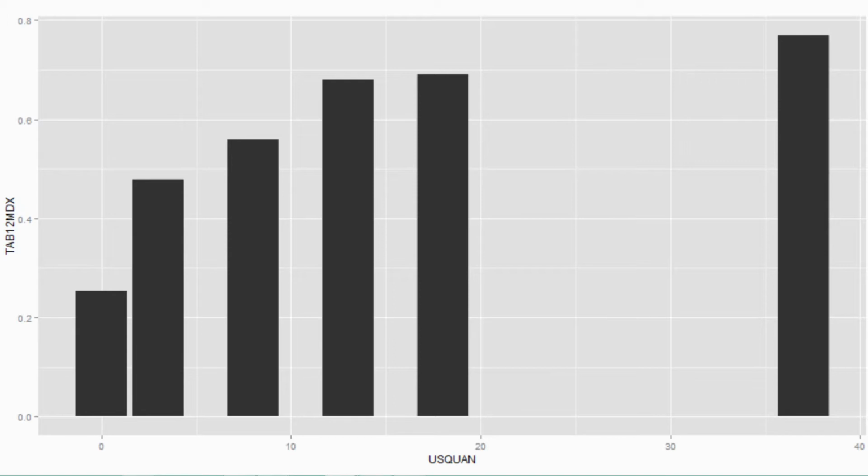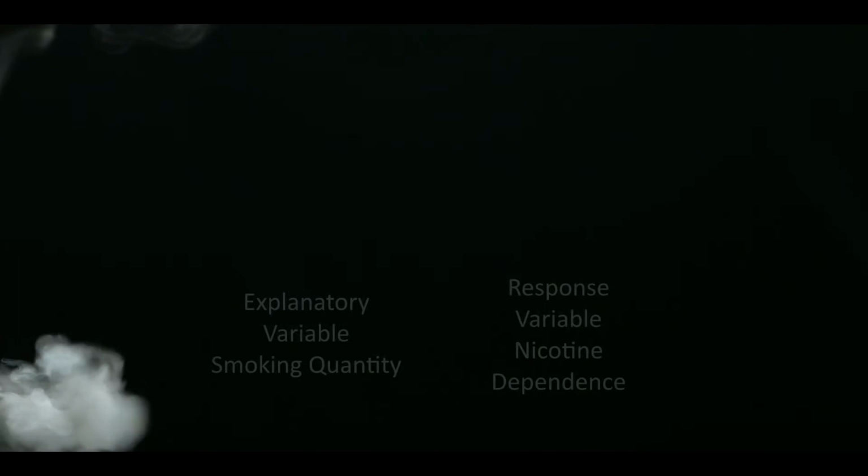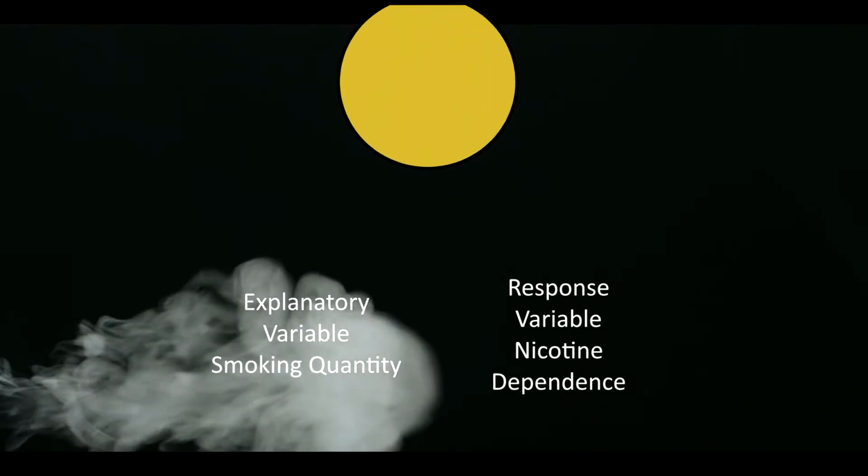But might a third variable moderate the relationship between smoking quantity and nicotine? Put another way, might there be a statistical interaction between a third variable and smoking behavior in predicting our response variable, nicotine dependence? We're going to evaluate major depressive disorder as the third variable.